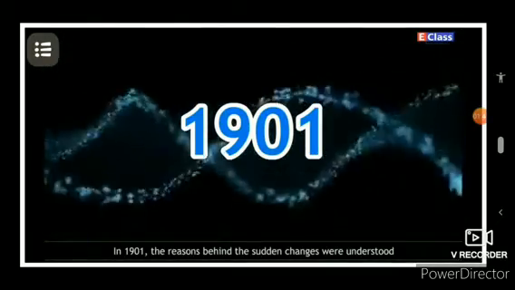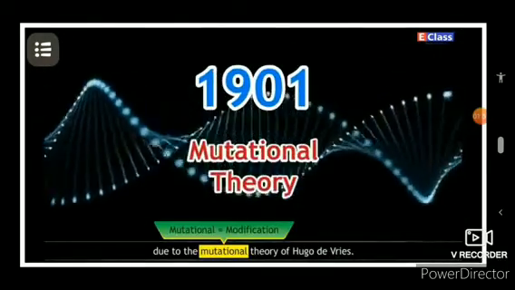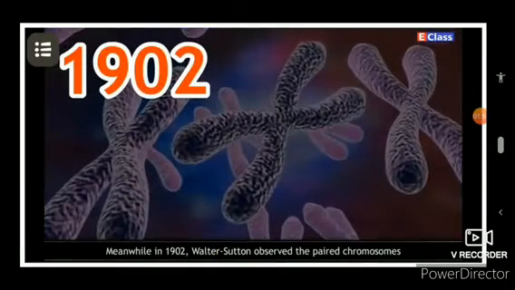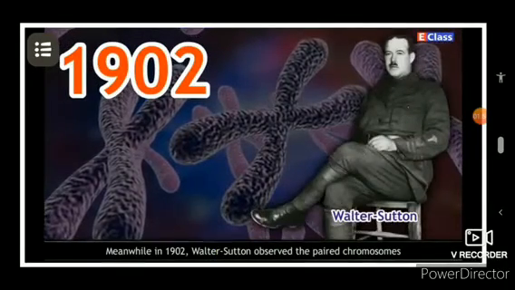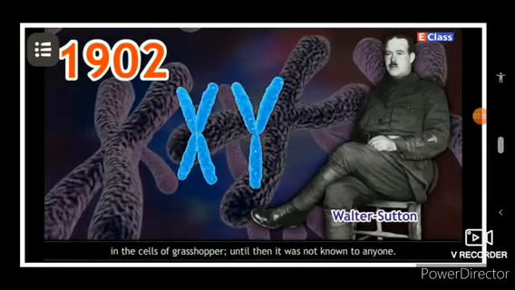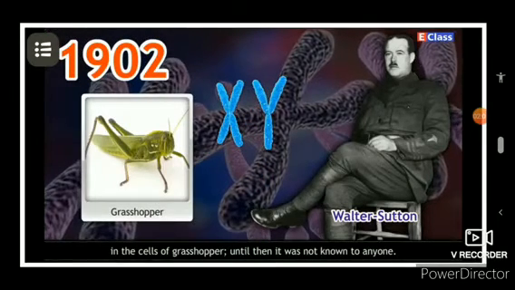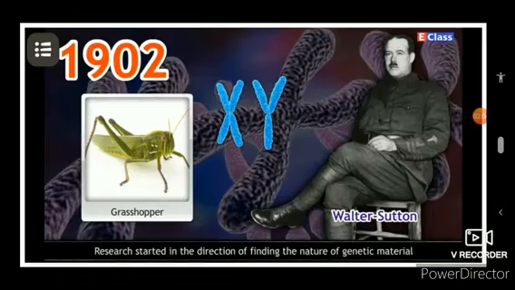In 1901, the mutation theory was given by Hugo de Vries. In 1902, Walter Sutton observed the chromosomes in the cells of a grasshopper. Until then, it was not known to anyone.